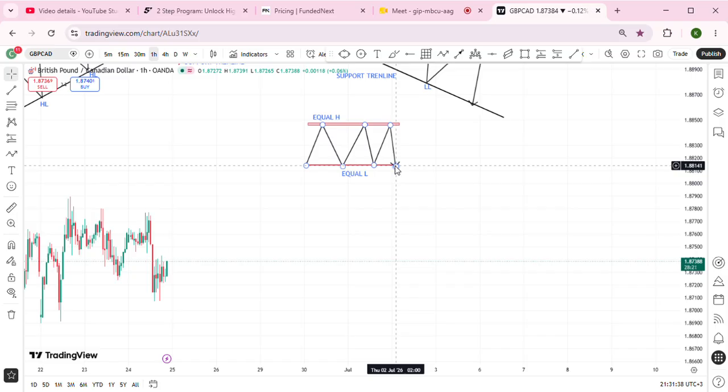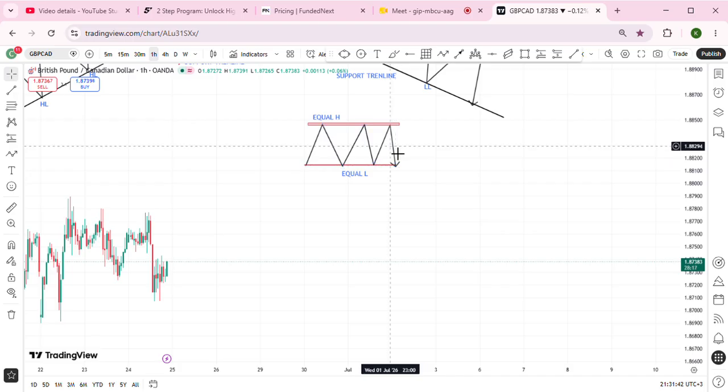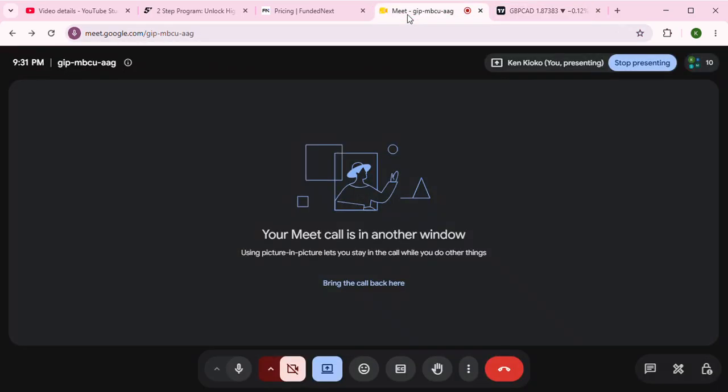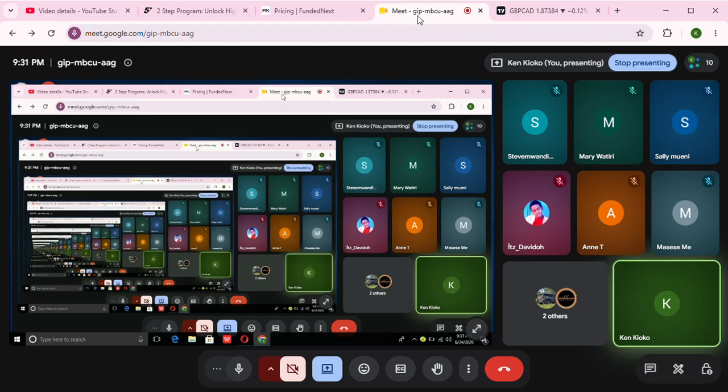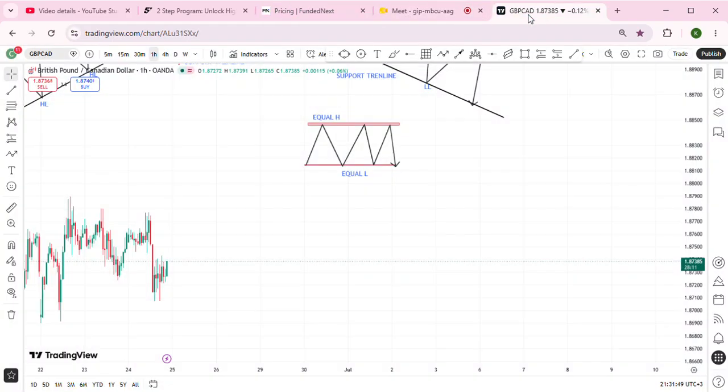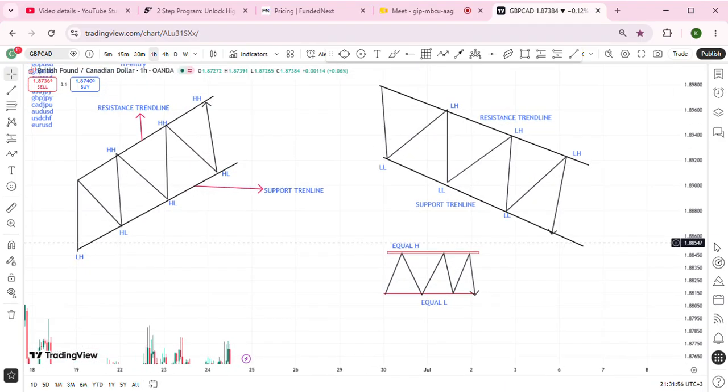And now maybe someone might start asking themselves, where does a consolidation happen? A consolidation can happen in both an uptrend or a downtrend. So the main or the major trends are up and downtrend.